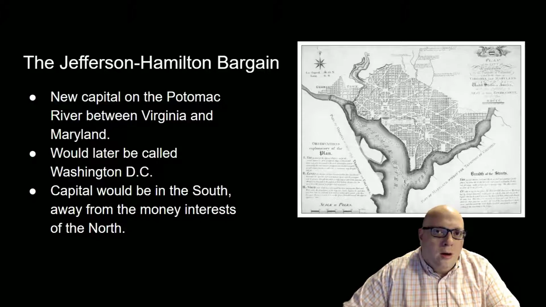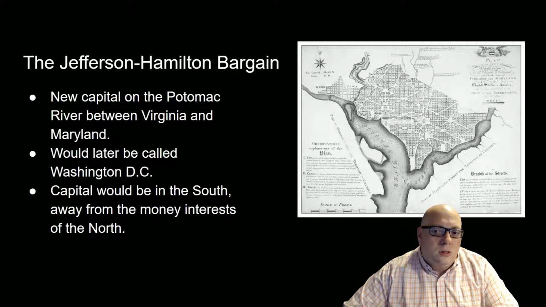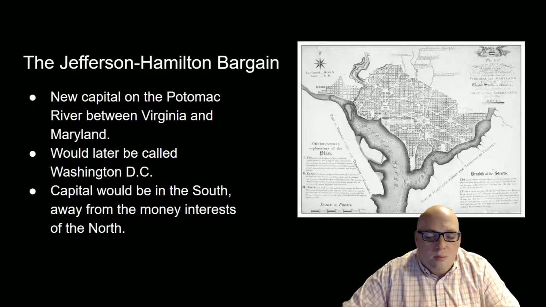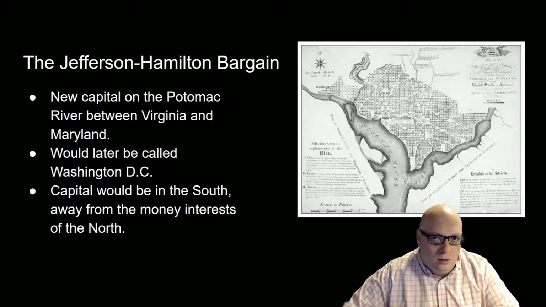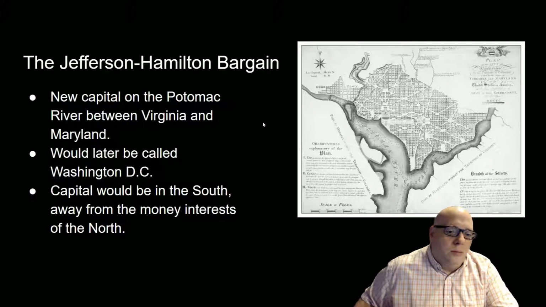So a bargain was struck that the new national capital, that would later be called Washington, D.C., would be built in the South between Maryland and Virginia. This would be a new district, a District of Columbia, and it would be away from the money interests in the North and closer to the South. So in order to get Hamilton's plan across, he agreed to this. And Jefferson got what he wanted in terms of having this new capital in the South.